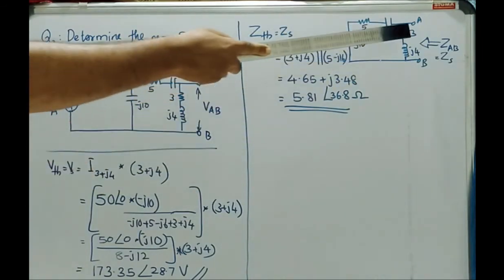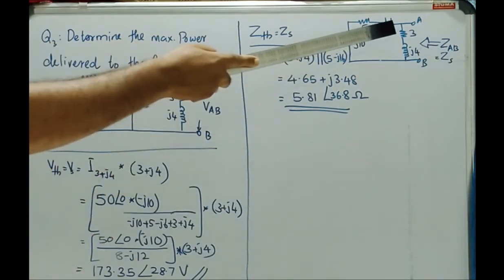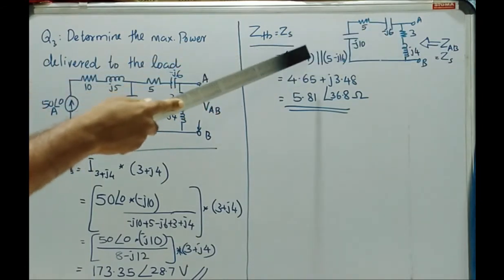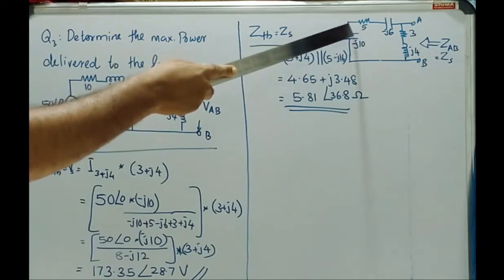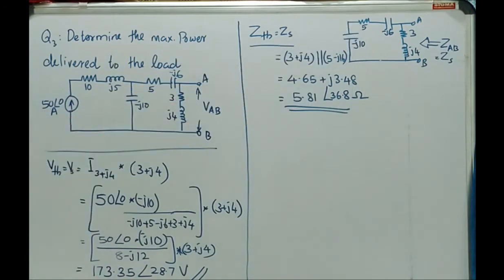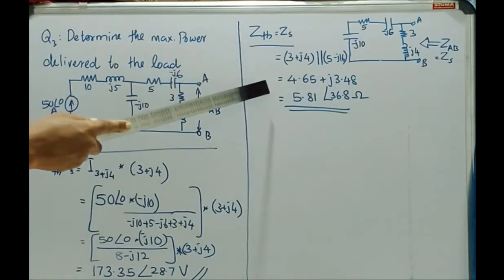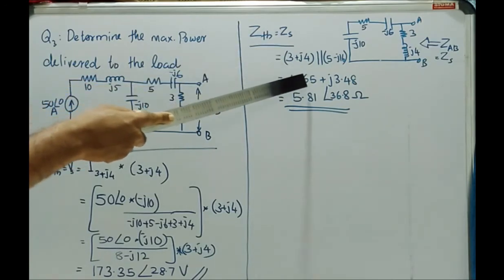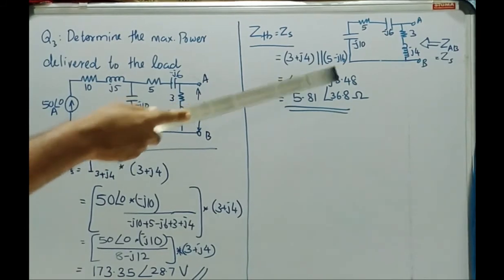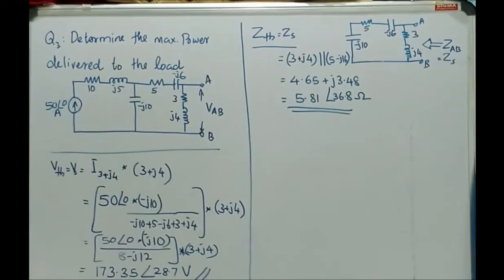When we see this circuit, we can see that this 3 plus J4 is in parallel with this series combination, that is 5 minus J16. Simplifying, we obtain the answer for Zs as 4.65 plus J3.48, which is in rectangular form.